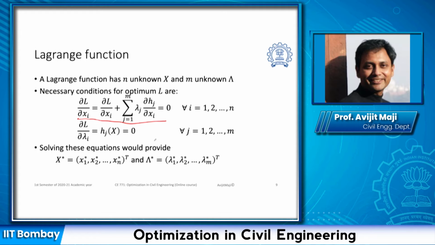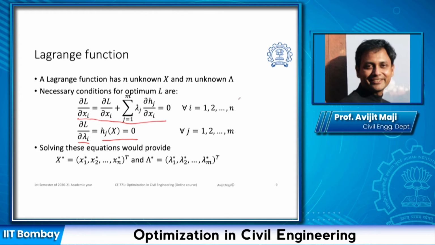We also need to satisfy the equality constraint. Once we take the partial derivative with respect to the lambda values, we can easily obtain the equality constraint, which was our third necessary condition in the two variable optimization problem with one constraint.